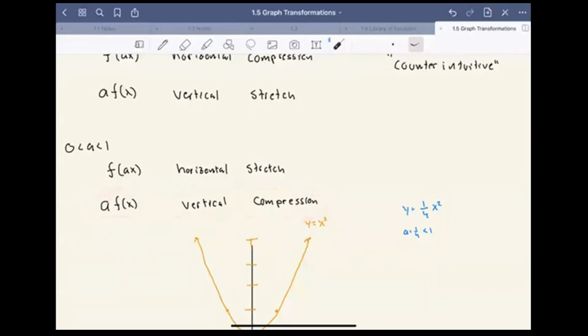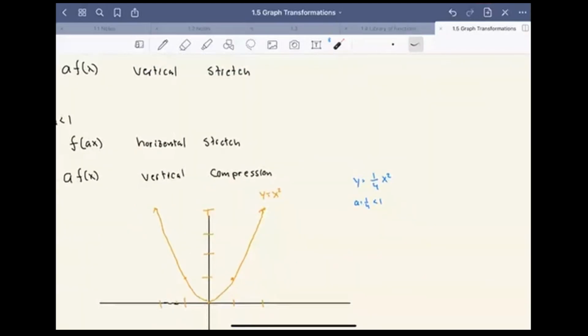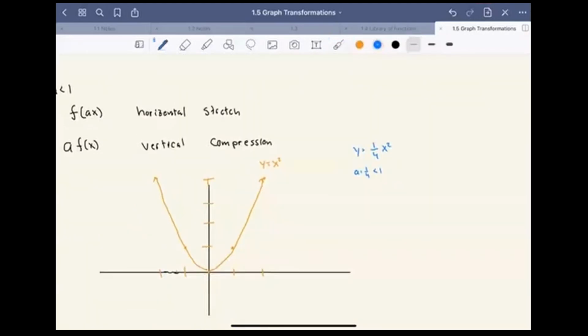Okay, a vertical compression. And let's see what happens. So now when x equals 0, they're the same. But when x equals 1, instead of getting 1 as output, we get 1/4 as output. And instead of getting 4 as output at x equals 2, we're going to get 1 as the output.